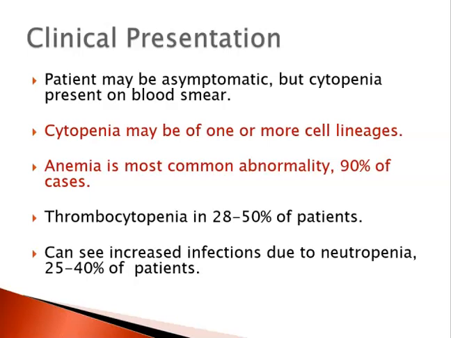Also, thrombocytopenia is seen in about 28 to 50% of patients. Thrombocytopenia meaning low platelets. You can see an increase in infections due to neutropenia. Neutropenia meaning low number of neutrophils, and that is going to happen in about 25 to 40% of patients.